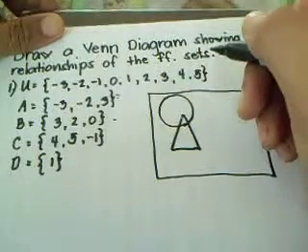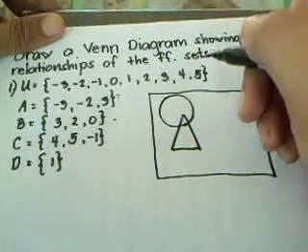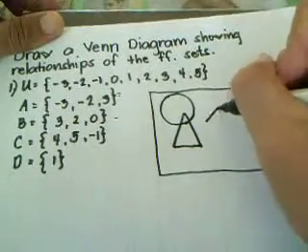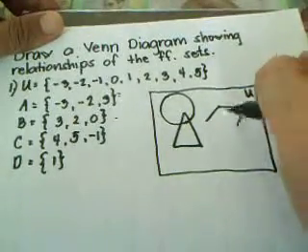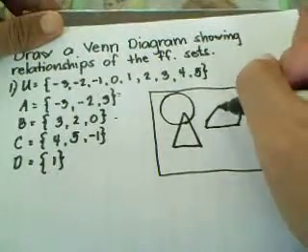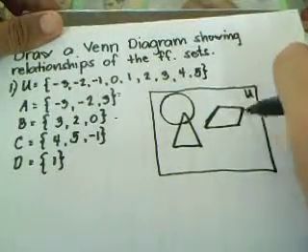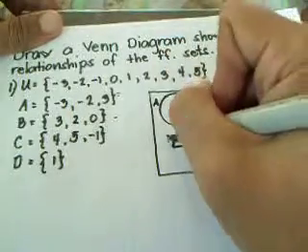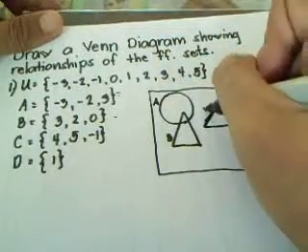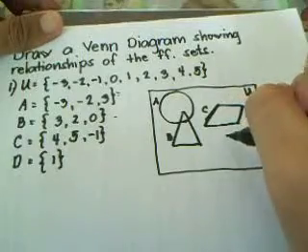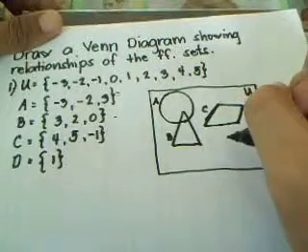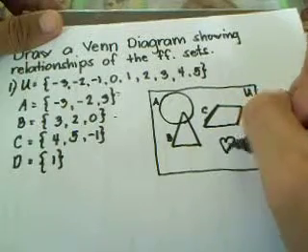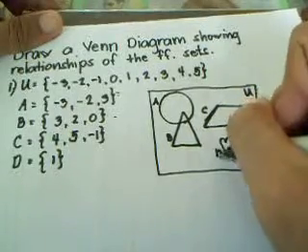Then C doesn't have a common element with either A or B, so I am going to draw this figure here. This is A, this is set B, this is C, say for example a heart. You may draw any figure for D.